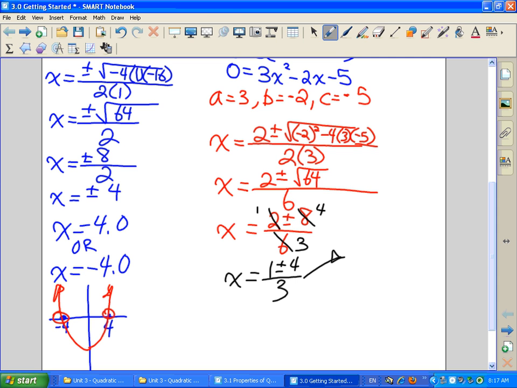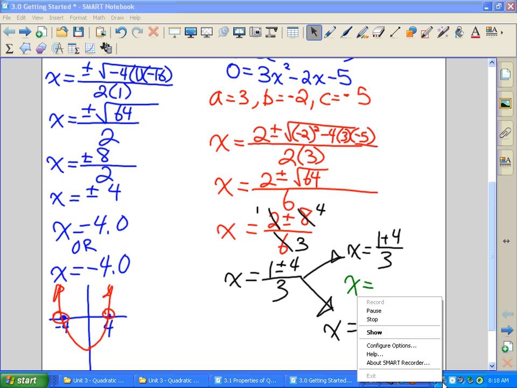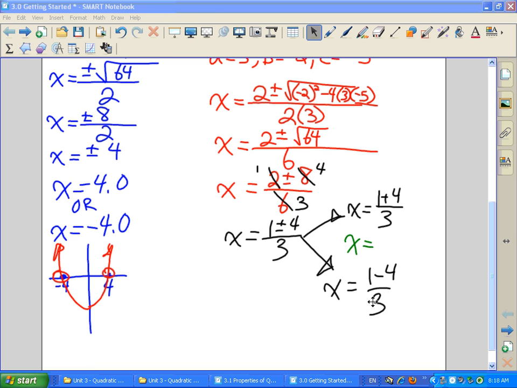Then this is where we break it into our two cases. So either x equals 1 plus 4 divided by 3, or x equals 1 minus 4 divided by 3. Use your calculators, okay? Sorry, we're back there. I forgot to put my answers down, so I had to grab a calculator.